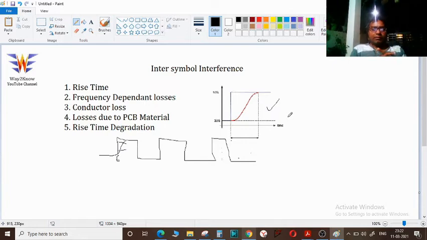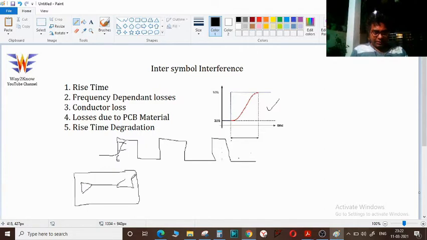So why are we talking about rise time here? Let us see what happens in PCBs. Let us assume we have a PCB where we have a driver and a receiver, and we are trying to transmit a high frequency signal from the driver to the receiver.